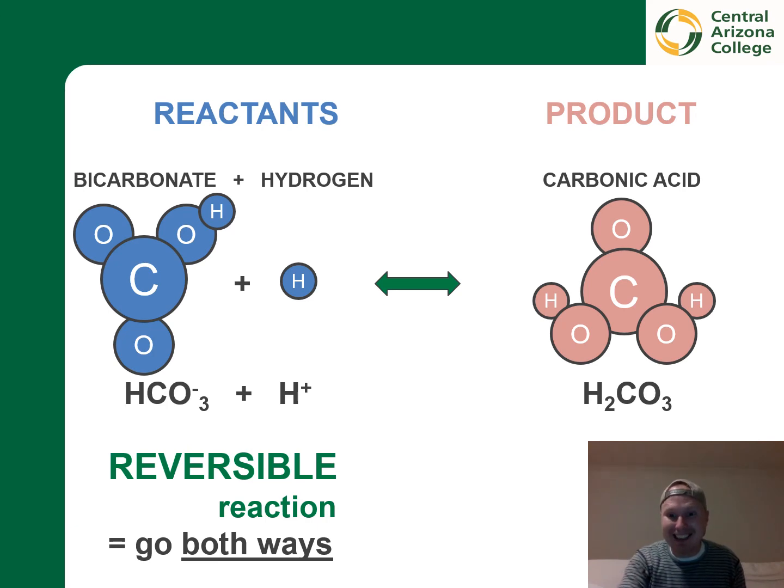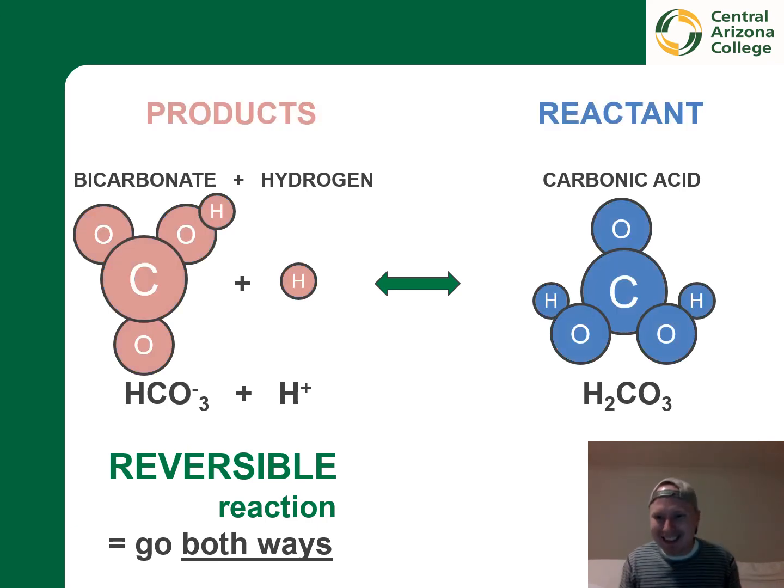But this reaction can also go the other way around. Carbonic acid, which is now a reactant, can be broken down into bicarbonate and hydrogen. Or sometimes, some chemical reactions can even include multiple steps.